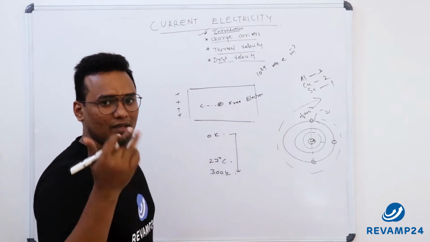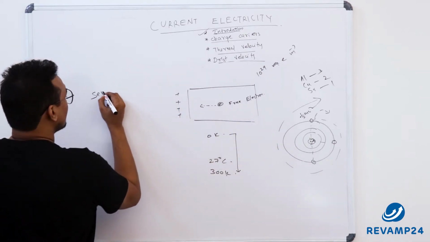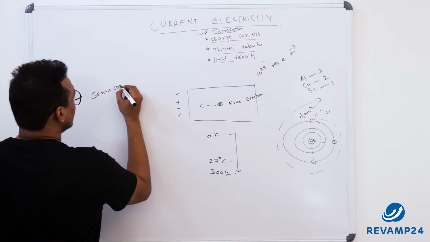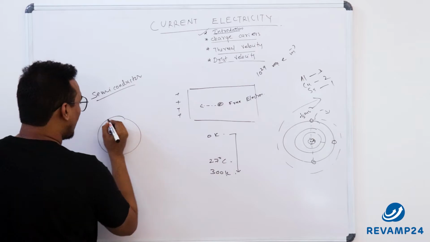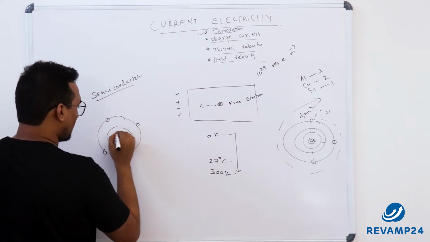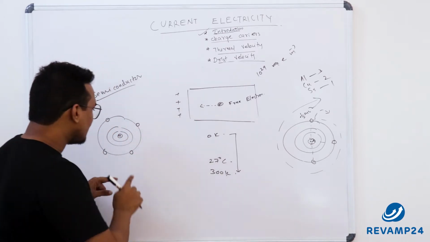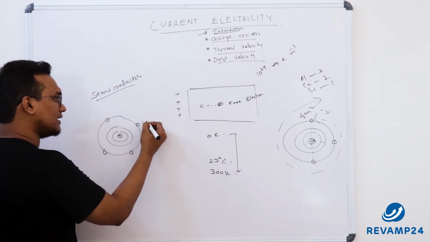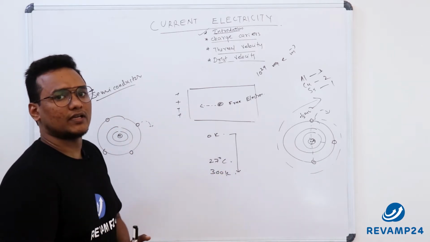In the case of semiconductors, what are semiconductors? In semiconductors, there will be 4 valence electrons, and innermost orbits are there, and we have a nucleus. Generally it is difficult for this electron to come out even at 300 Kelvin, that is at atmospheric temperature.